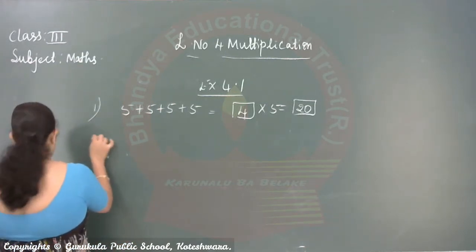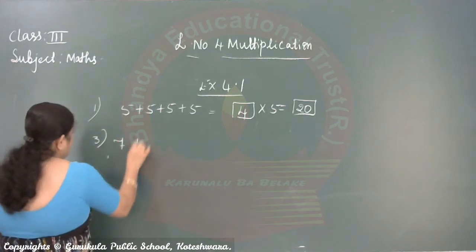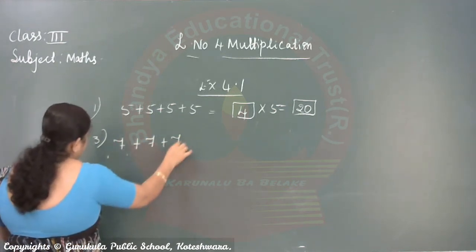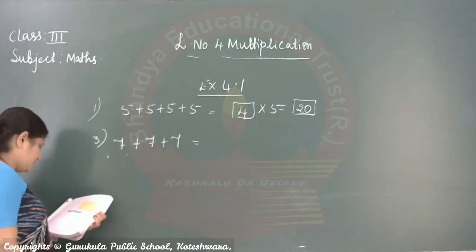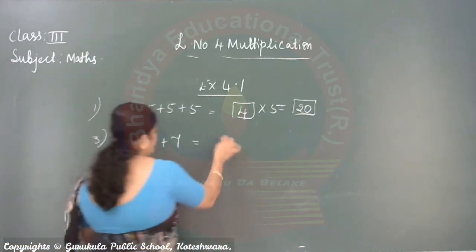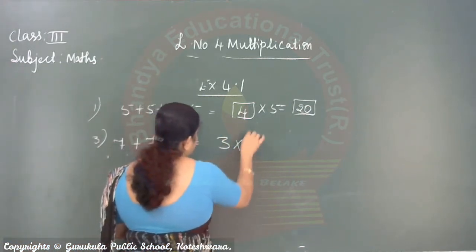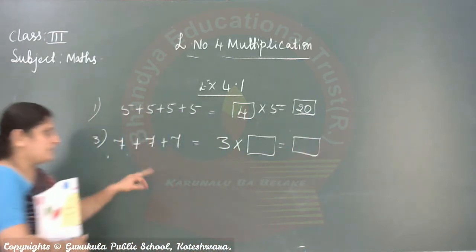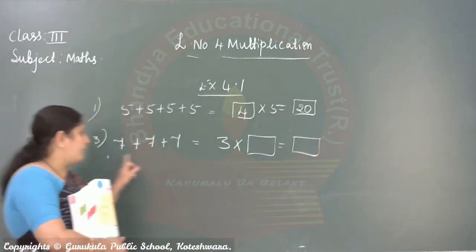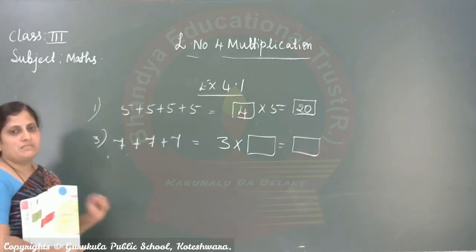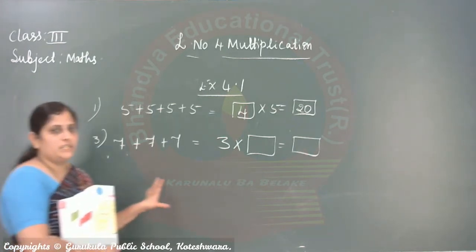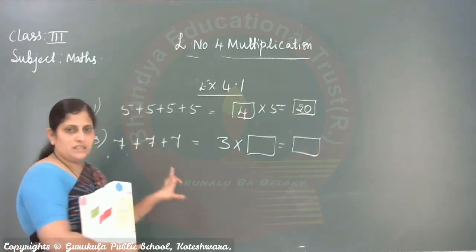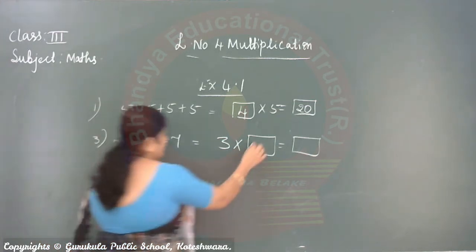Third question. 7 plus 7 plus 7. So, which number is given 3 times here? 1, 2, 3 times is given. Which number is given? 7. Correct? 7 is given.